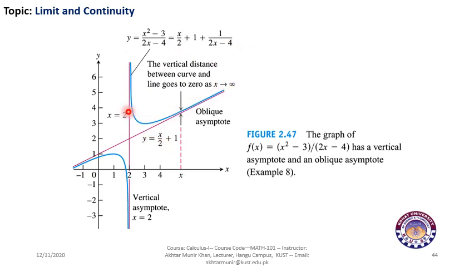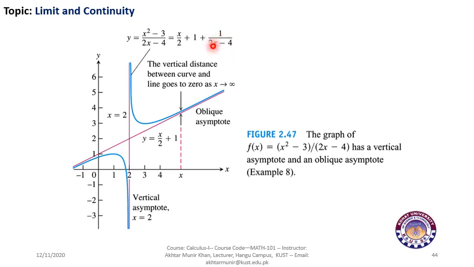But observe that although the graph is not going towards 0 as x approaches infinity, we can find another line such that the vertical distance between the curve and the line goes to 0 as x approaches infinity. For instance, we factorized this fraction and got this expression.